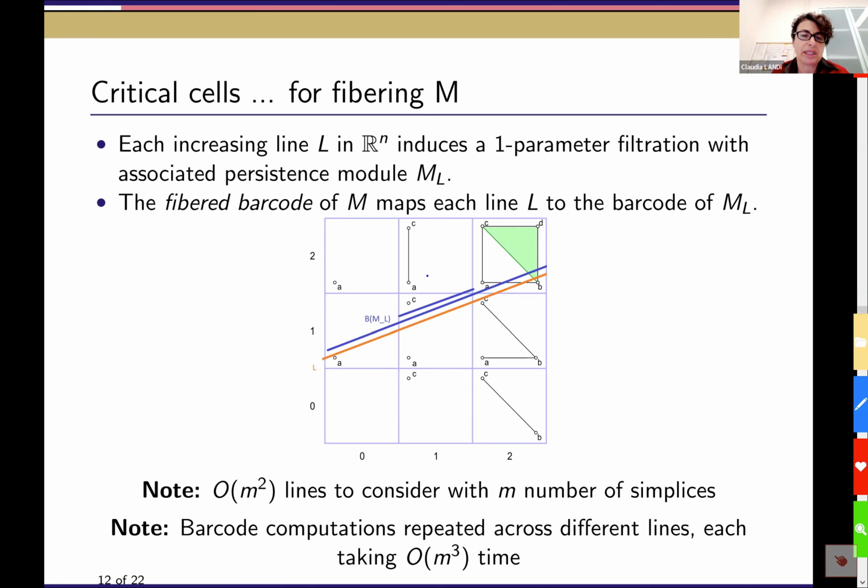And we can repeat this for every increasing line. And what we get is the so-called fibered barcodes. It has also other names, but one is the fibered barcode.